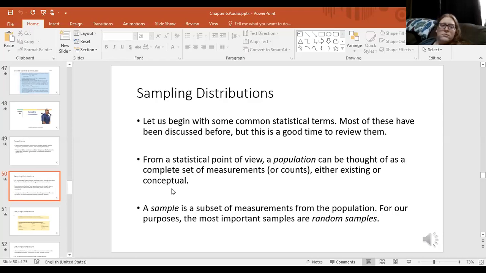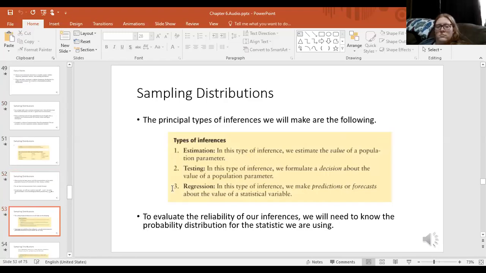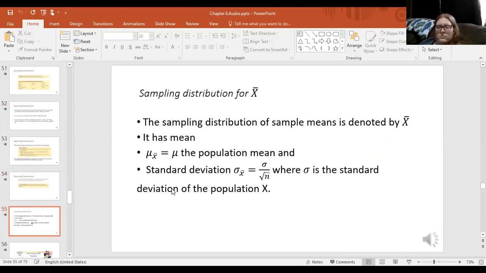We are going to say this a lot and you will remember. So the sample mean is a normal distribution if either the population is normal or the sample size is at least 30.